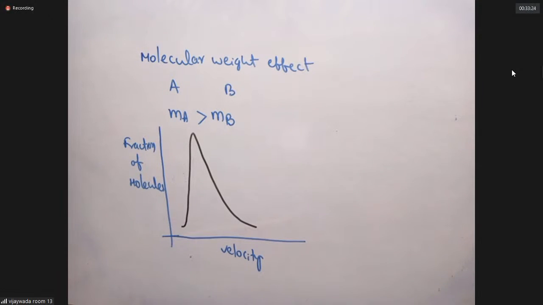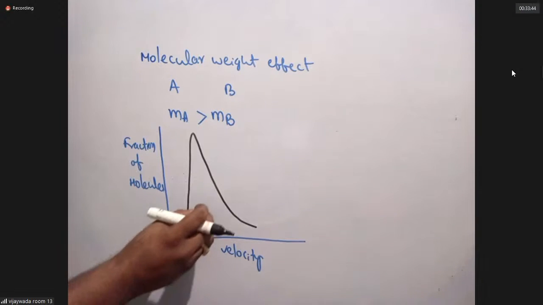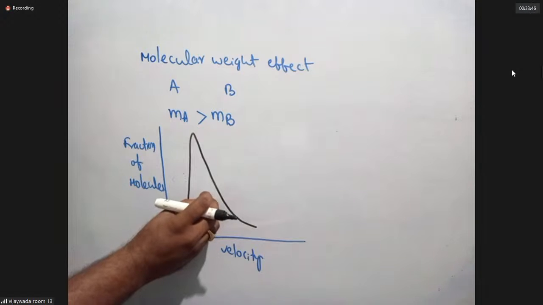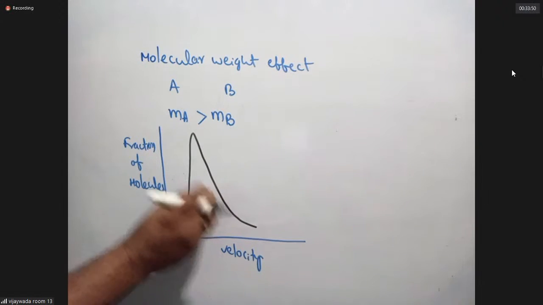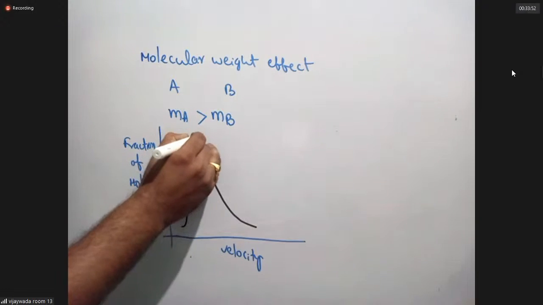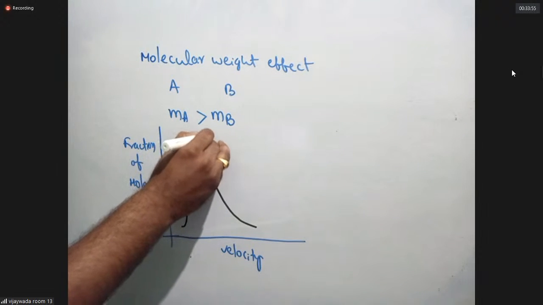In a normal example also we can understand: a heavy person cannot move easily, a 110 kg person and a 55 kg person. So who can run very easily? Definitely the 55 kg person. Similarly, gases having high mass have very low velocity. So this graph is related to Ma.